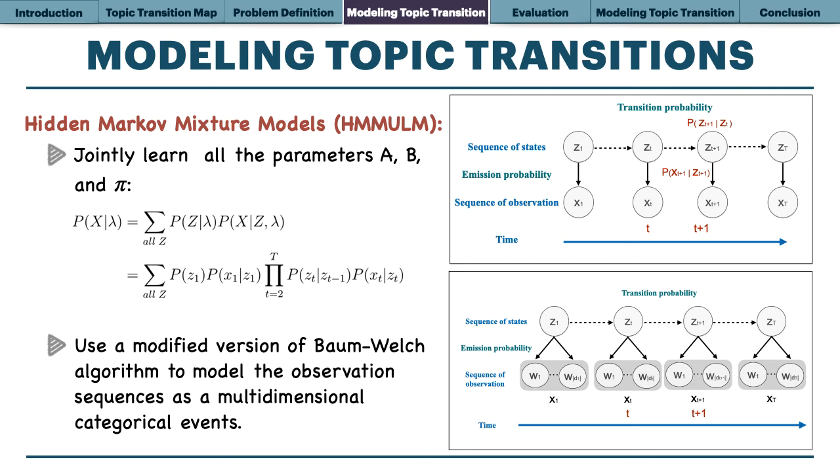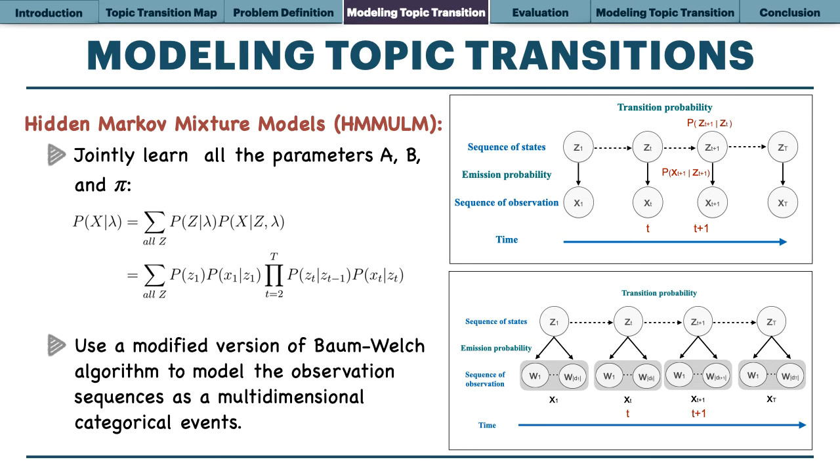In regular hidden Markov model, as you can see from the top figure, each observation is a symbol, such as a word, that is generated from a hidden or latent variable, or a topic, and each topic here depends on the previous topic, which we call the Markovian assumption.